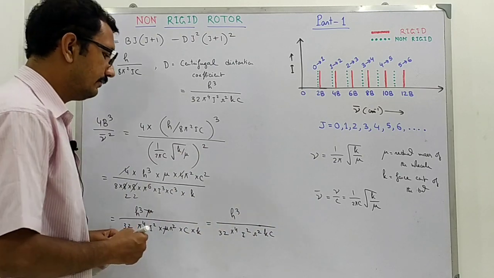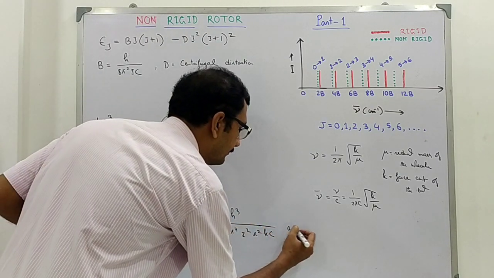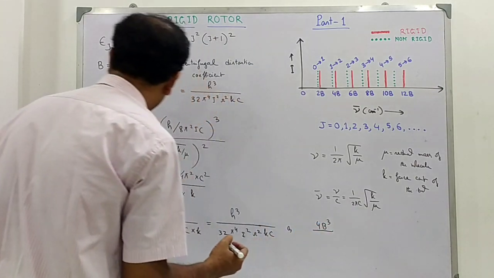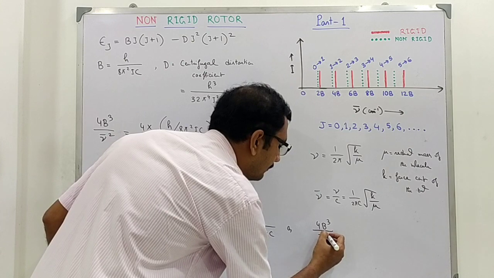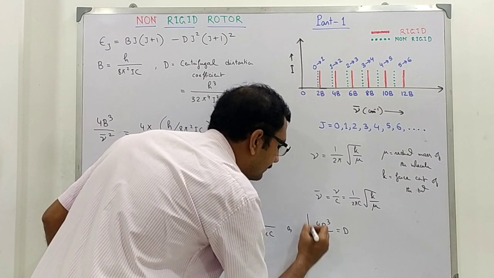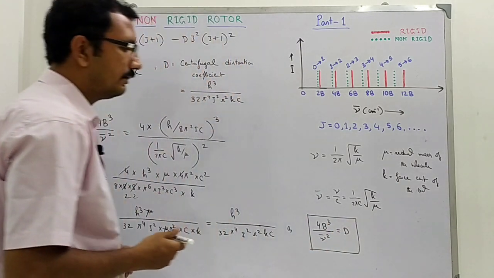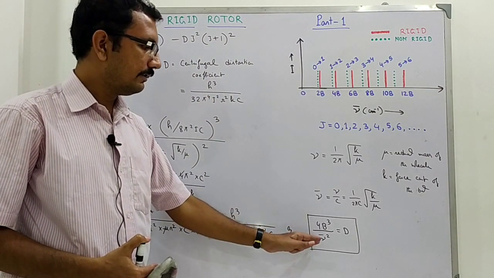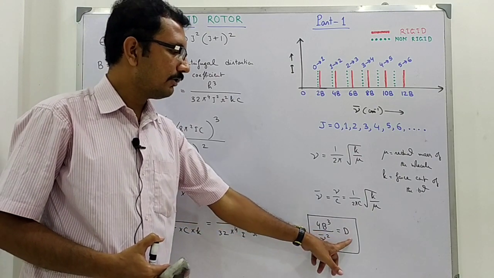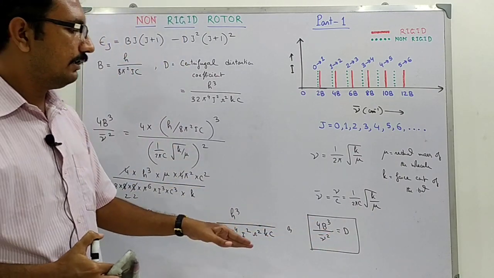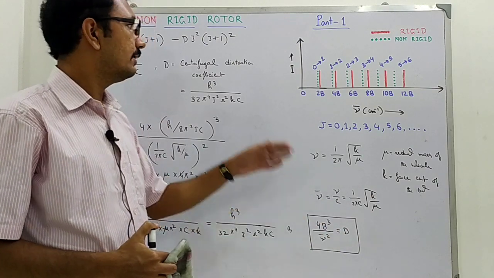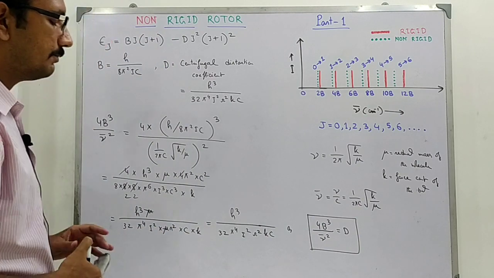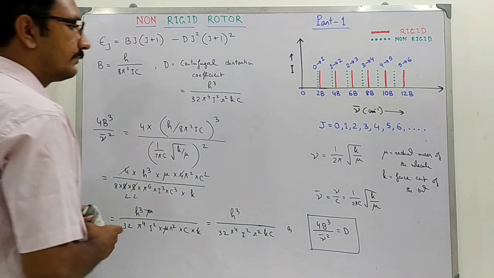So, this is D. So, you can write 4B cube upon nu bar square equals D. So, this is one important relation where the rotational constant and the centrifugal distortion coefficient are connected with the fundamental vibrational frequency of the non-rigid rotor through this expression. They are connected, and we must have a connection.